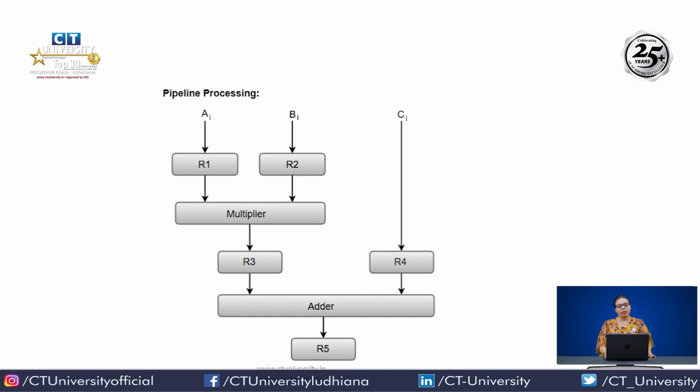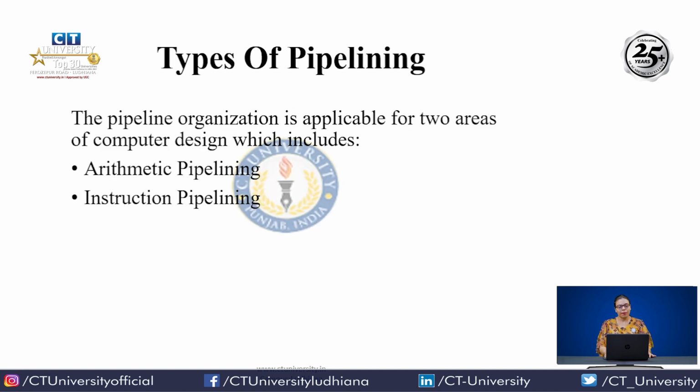Again we pass another value C as 2, which is passed to the register R4, and the addition of both R3 and R4, that is 12 plus 2, that is 14, is stored in another register, that is R5. So we can see that multiple instructions are executed simultaneously. It saves our time, the speed of the system also increases, hence the throughput of the system also increases.